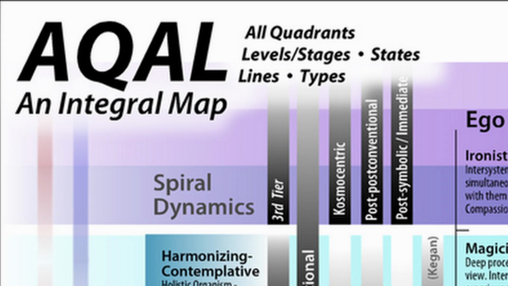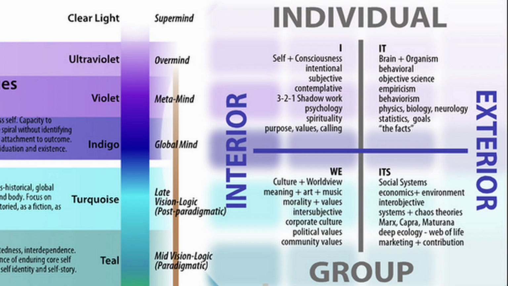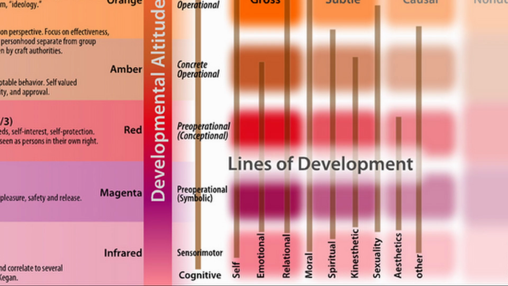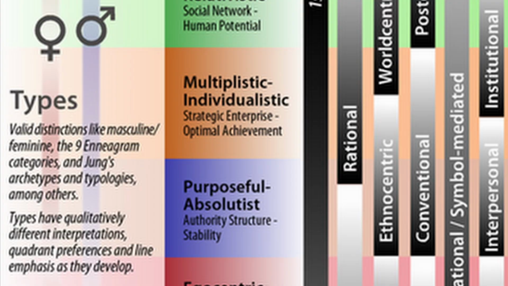There are other aspects of integral theory. Integral theory, the one I ascribe to by Ken Wilber, is often called AQAL theory. AQAL stands for all quadrants, all levels, all lines, all states, all types. And I'd like to make a video for each one of those 5 components.